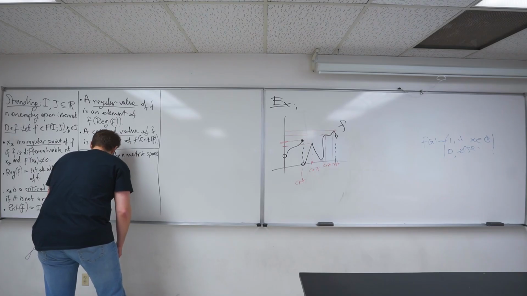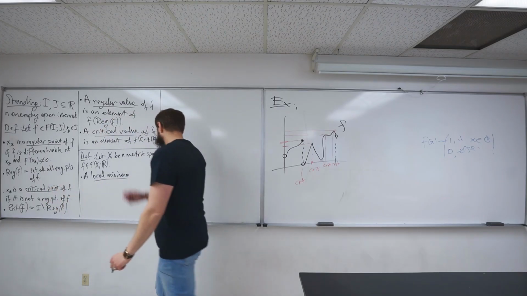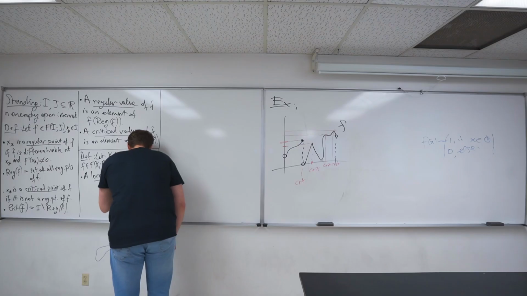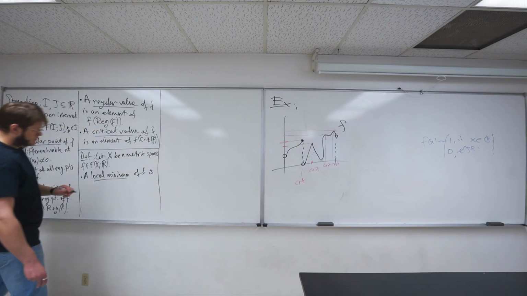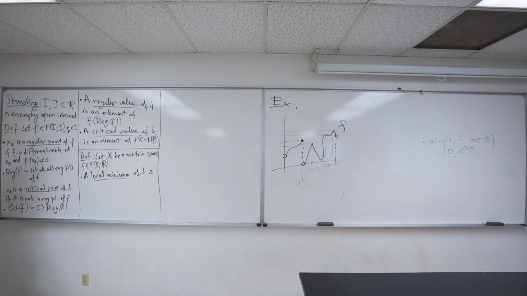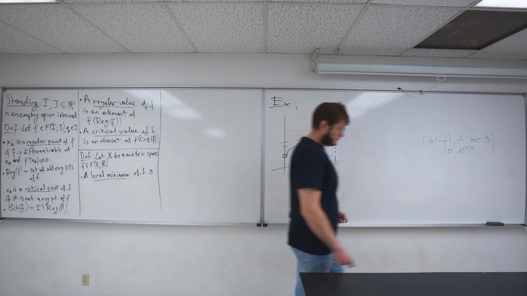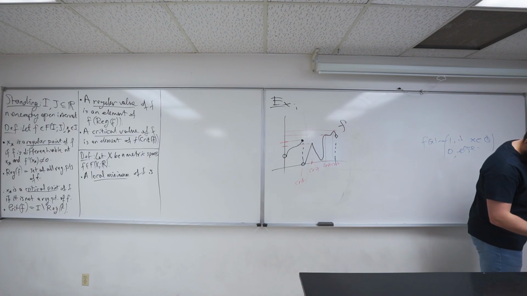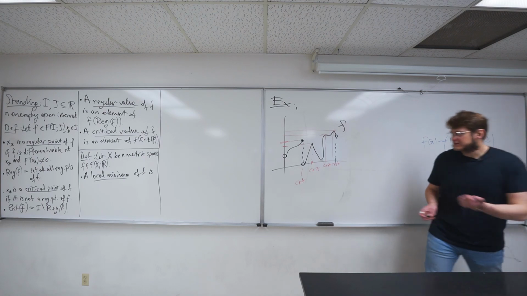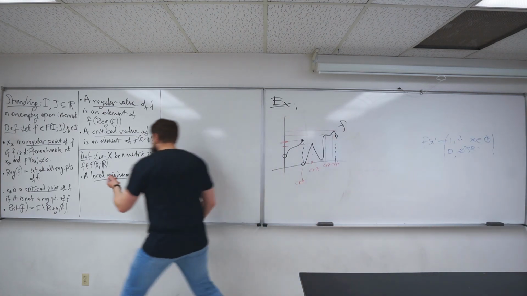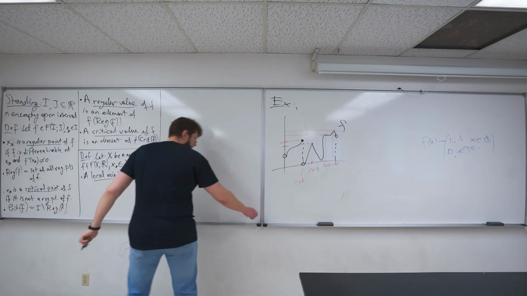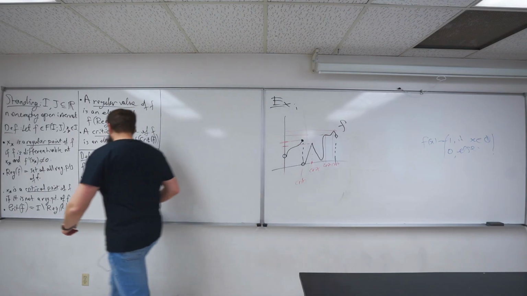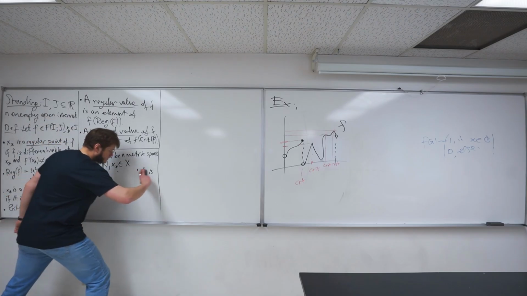Let me see how I stated this. I'll take an x star as well. x star is a local minimum of f is a better way to say this.